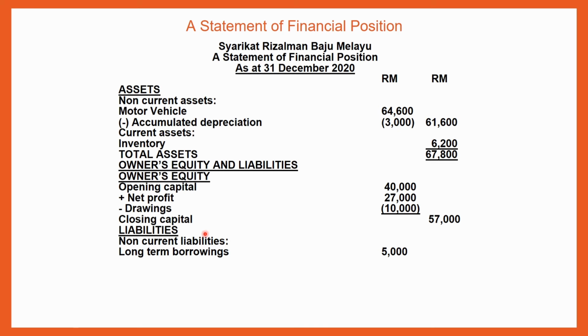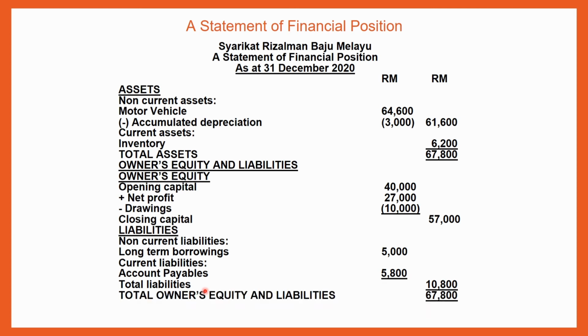We start with non-current liabilities and current liabilities, and get the answer, total liabilities. So the total for owner's equity and liabilities is 67,800 and it equals total assets.